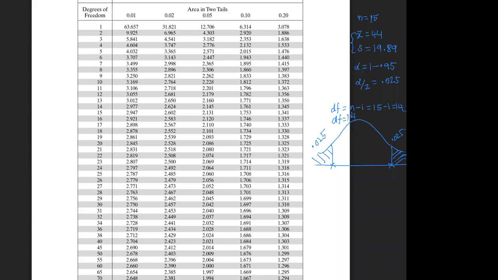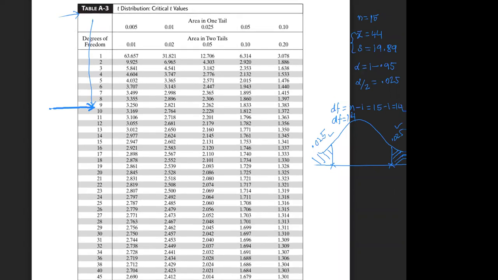Okay, now you look it up in the table. So everybody pay attention. Your degrees of freedom column right here. You look down this and you get to 14. So this is the point we are looking at. Degrees of freedom, 14. Now, area in one tail is 0.025. Area in two tails is going to be 0.05. So let me erase this little bit because I moved the graph.